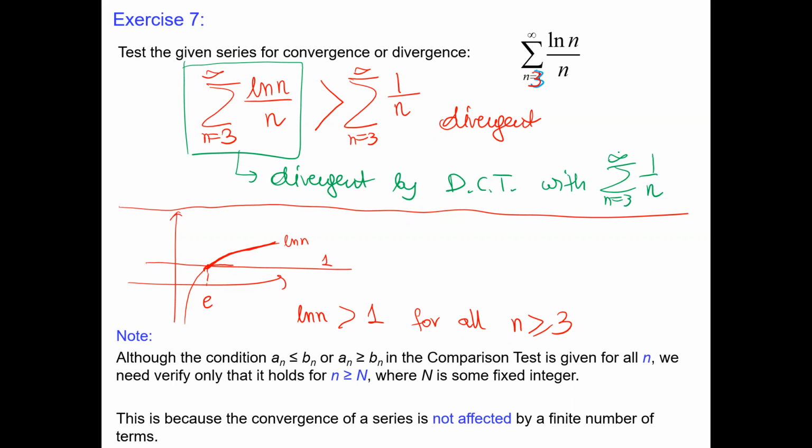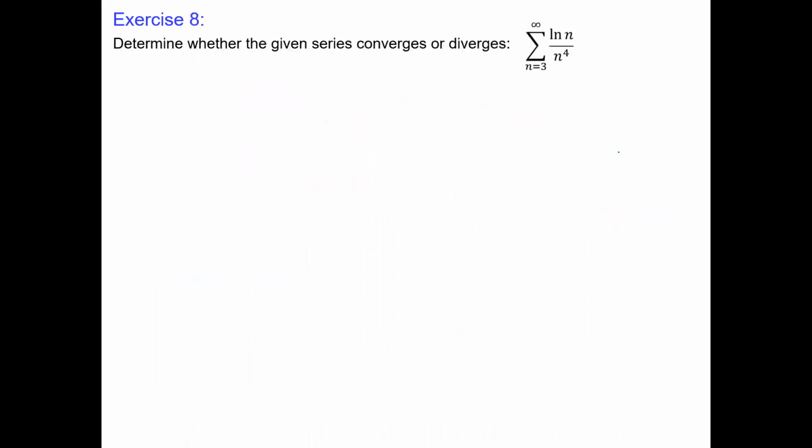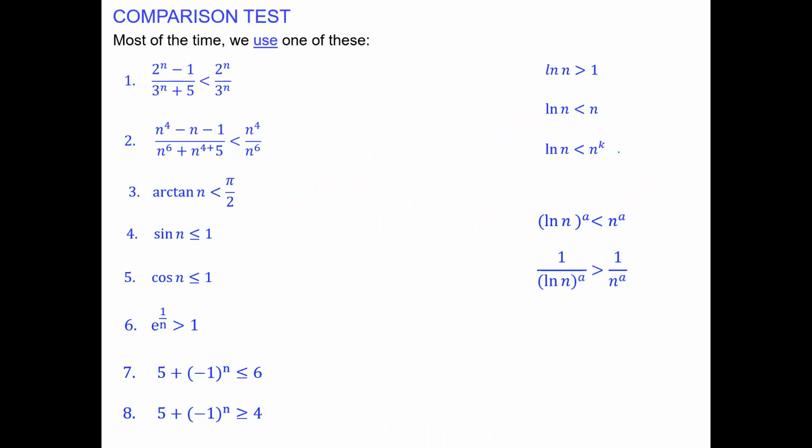But what you have to check is my one extra video, because we do have another version of the comparison test, not direct comparison, but it's called the limit comparison test. We will not do this one, you can try it. This one is the list of potential possibilities of comparison. When we have a geometric-similar formula, we can just take the leading terms and create the geometric series. For a rational function, leading terms.